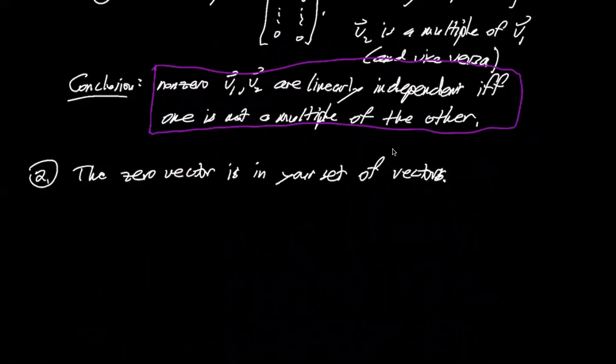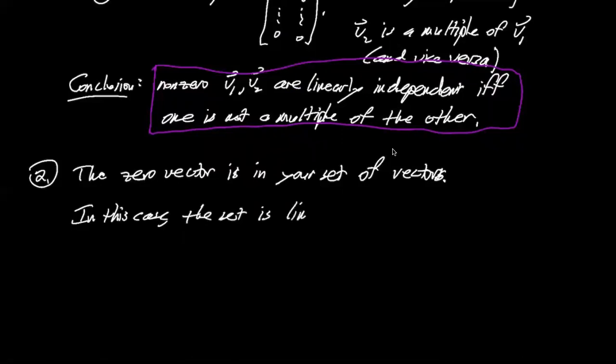And my claim is that basically, if the zero vector ever shows up, your set of vectors is linearly dependent. So in this case, and I'll give a justification, the set is linearly dependent.